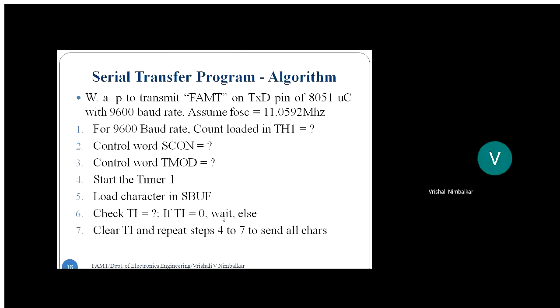We should wait till the transmission ends. So TI flag is 0, the microcontroller is busy transmitting, wait. As soon as the TI flag is 1, the transmission is completed. So we will clear the TI flag and then go for sending the next character A.